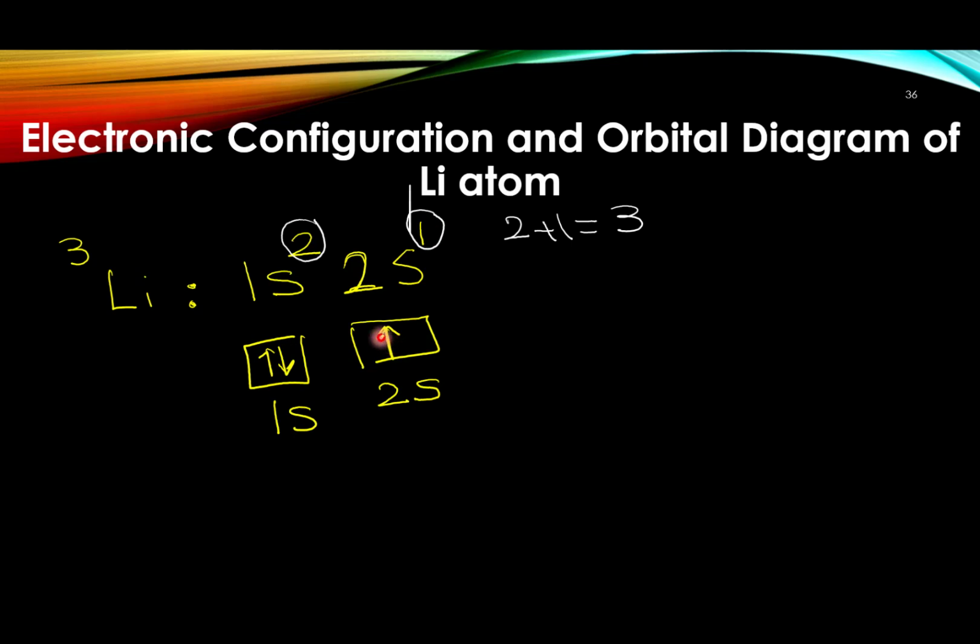It's only 1 electron. You shouldn't put 2, because then you will end up with 4, which will not be for lithium. You only have to put 1. Then this will be the orbital diagram for lithium atom. The top one is the electronic configuration and the bottom one is the orbital diagram.